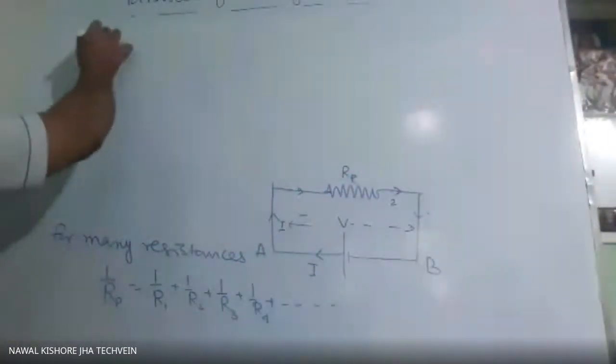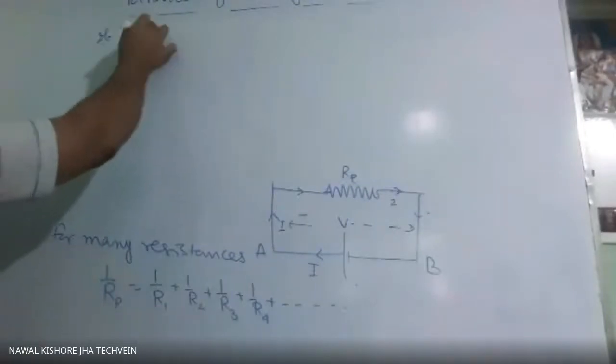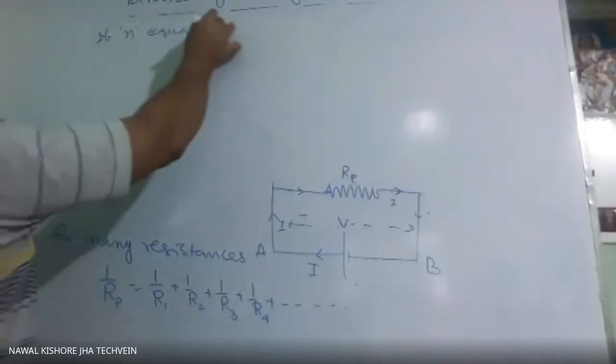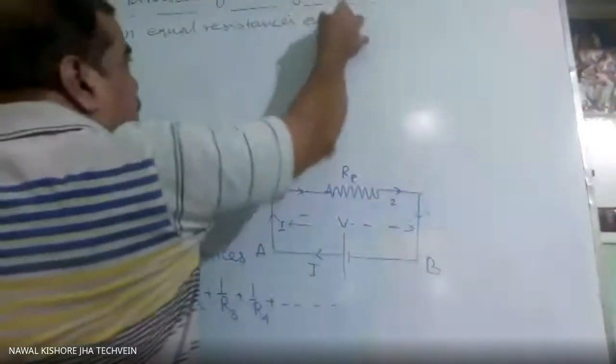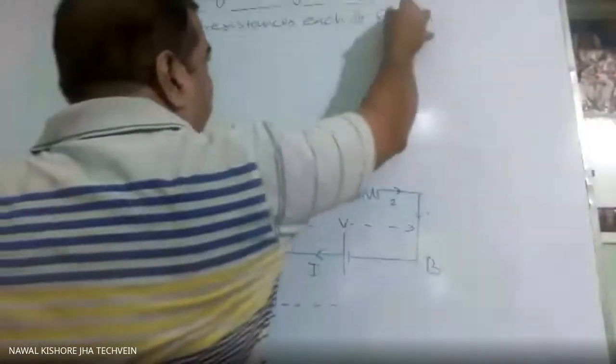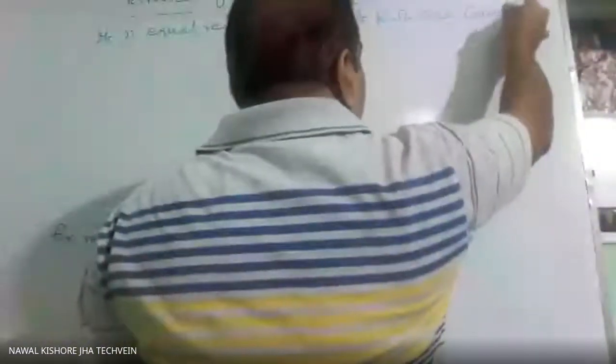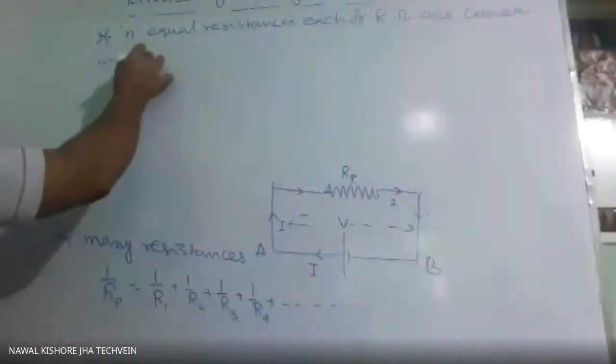Now suppose n equal resistances are connected in parallel. This is 4 ohm, this is 4 ohm, this is 4 ohm, like that, many are there in parallel. Then what will be their equivalent? Each of R ohm are connected in parallel.